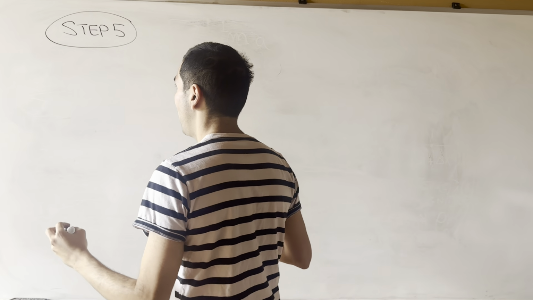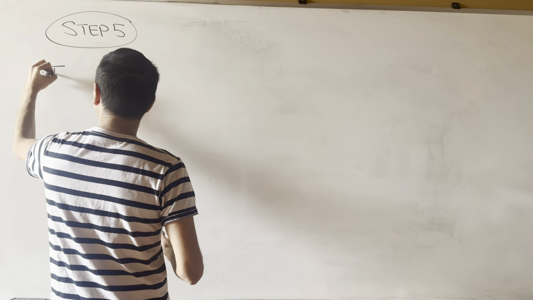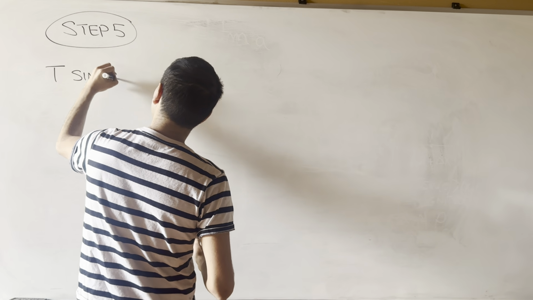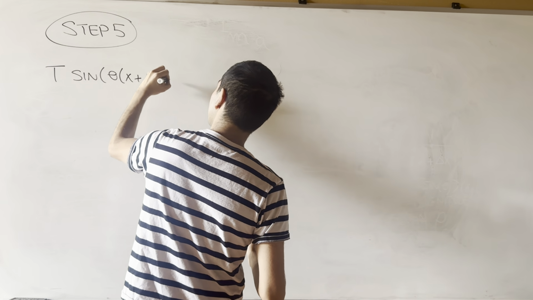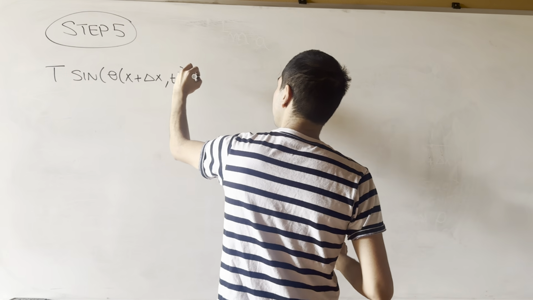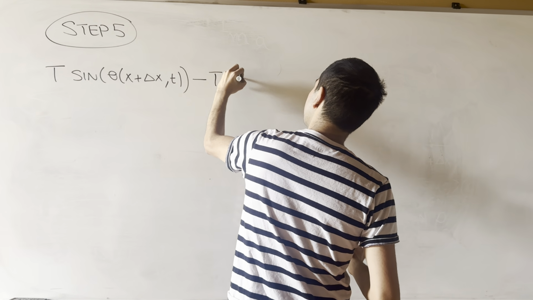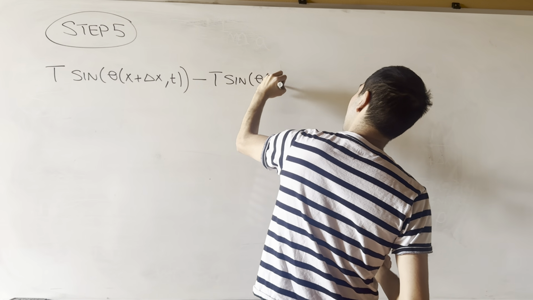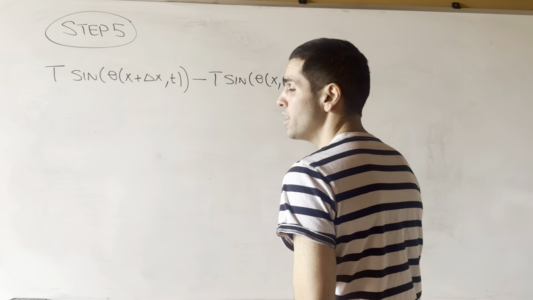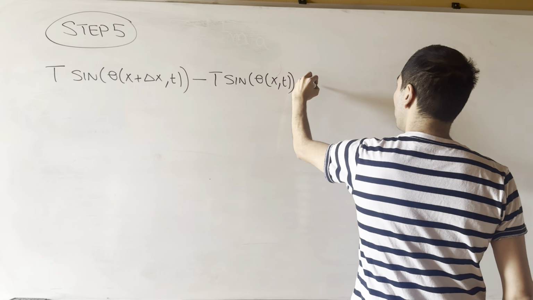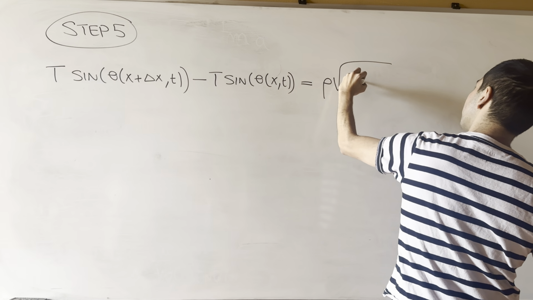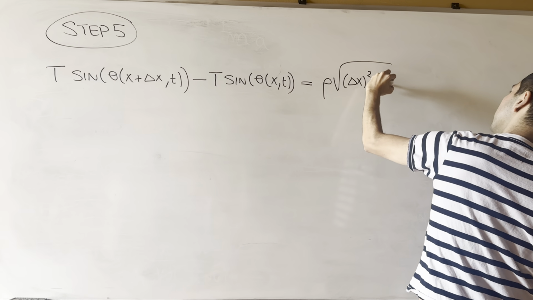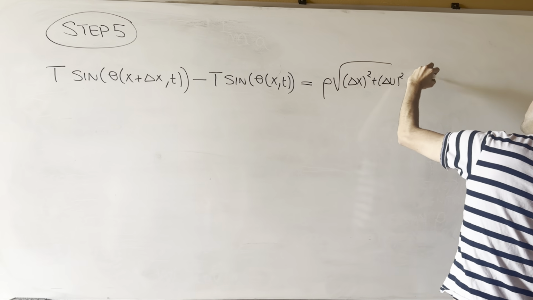So what we now have is T sine of theta of (x plus delta x, t) minus T sine of theta of (x, t) is ma, so rho square root of delta x squared plus delta u squared and then u_tt.